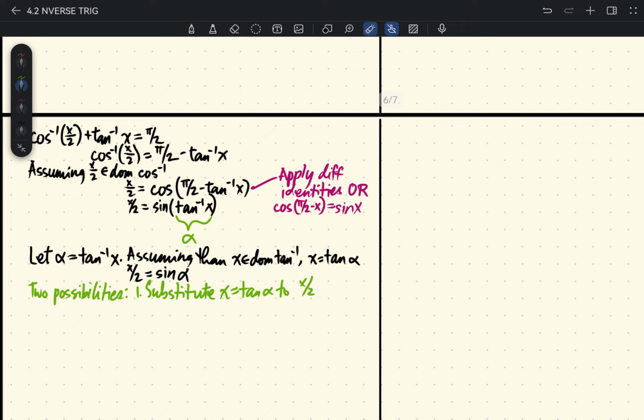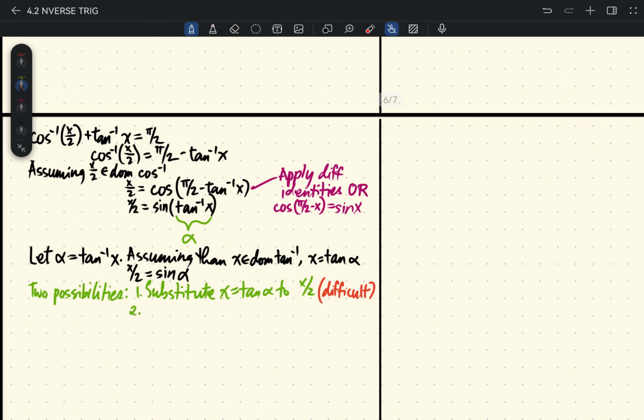But if you do that, what you'll have here is tangent alpha over 2 equals sine alpha. And so you have a trigonometric equation involving two trigonometric functions. And that's a little bit difficult. So this one right here is difficult.